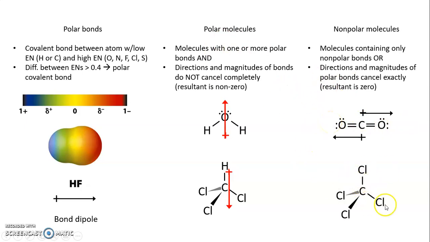Okay, and here's the last one. If we replace that hydrogen at the top with a chlorine, we have that same tetrahedral structure around the carbon, right? So we've got these 3 chlorines, and they're in exactly the same locations as they were here, but now the top atom is also a chlorine instead of a hydrogen.